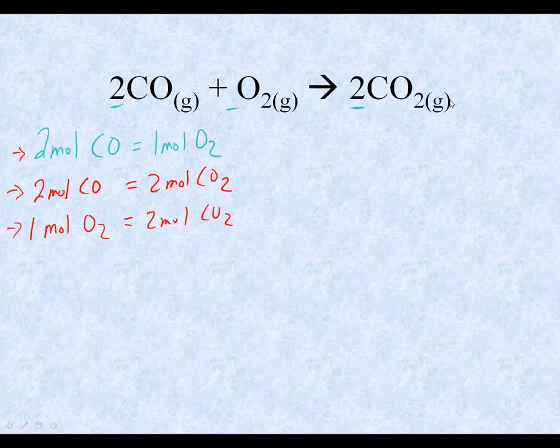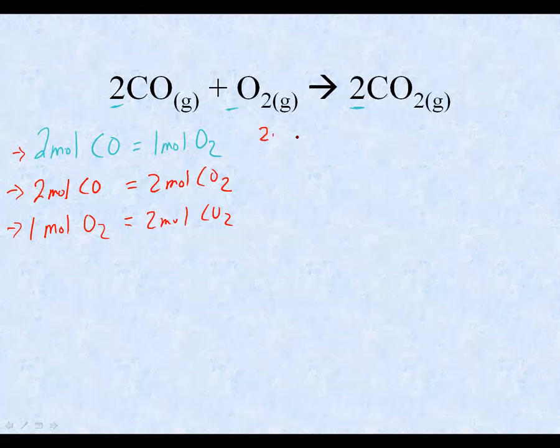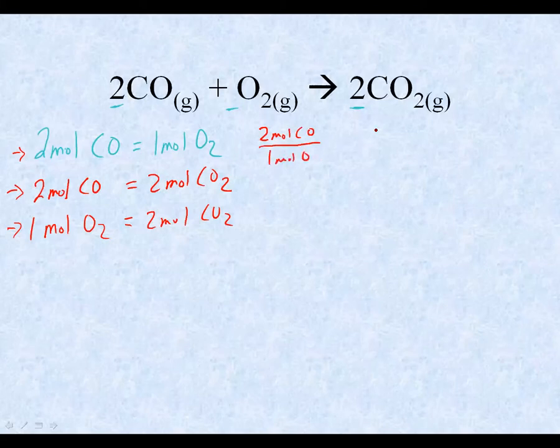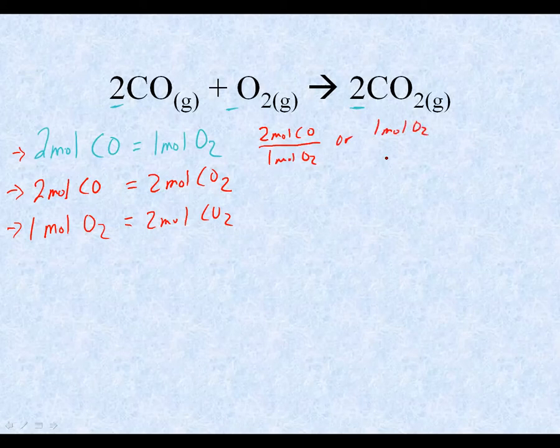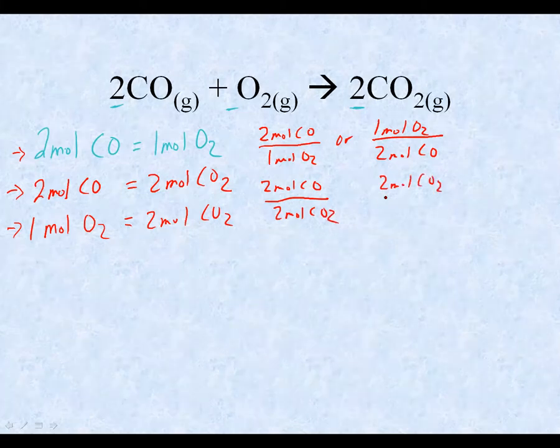For this one here on top, you could do 2 moles of CO over 1 mole of O2. Or you could use it in the opposite way, 1 mole of O2 over 2 moles of CO. For our second one, we could write 2 moles of CO on top over 2 moles of CO2, and 2 moles of CO2 on top, for example, would give us 2 moles of CO.